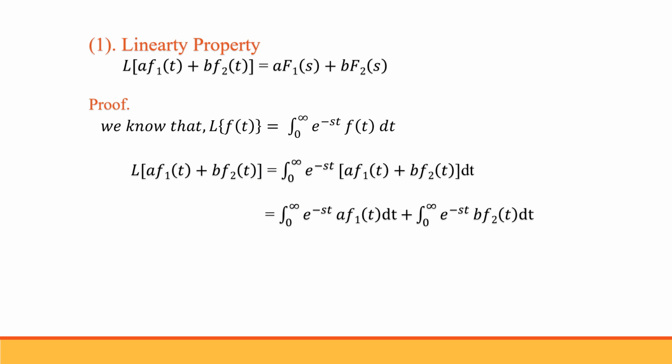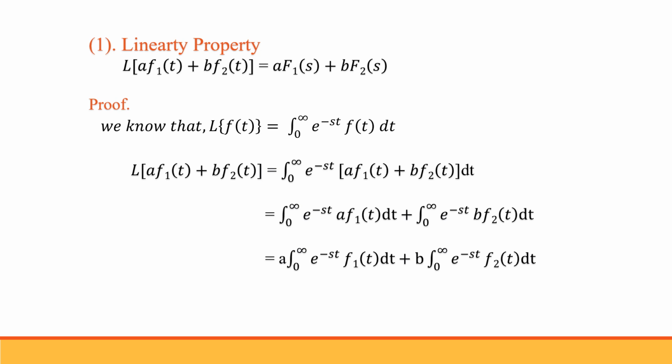Now breaking it into two parts, we can write integral 0 to infinity e raised to the power minus st a f1(t) dt first part plus integral 0 to infinity e raised to the power minus st b f2(t) is the second part.